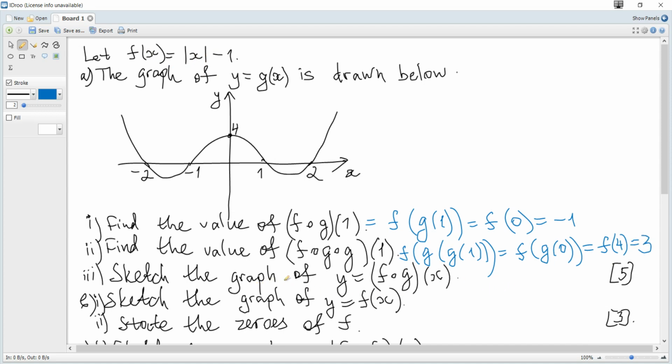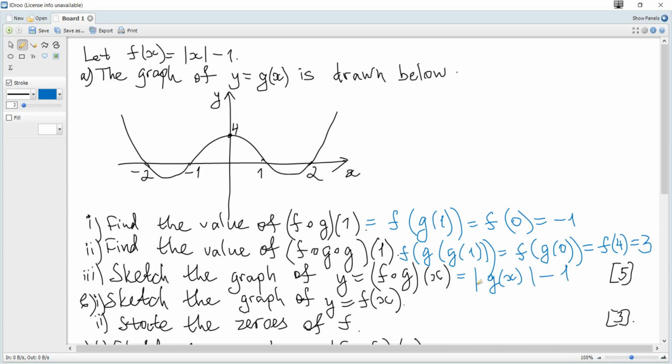The next, sketch the graph of y equals f of g of x. We substitute g of x for x into f, so it becomes the absolute value of g of x, minus 1.